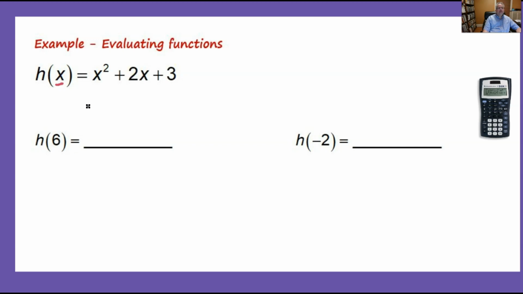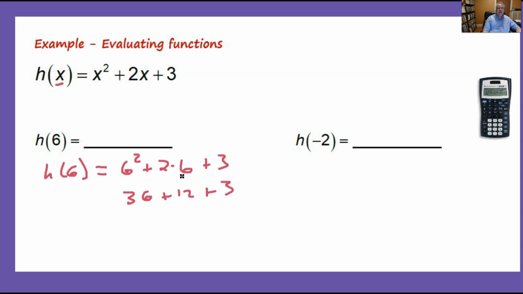So if the input is 6, we're going to put 6 in for x. So h of 6 would be 6 squared plus 2 times 6 plus 3. That's 36 plus 12 plus 3. I think you get 51.